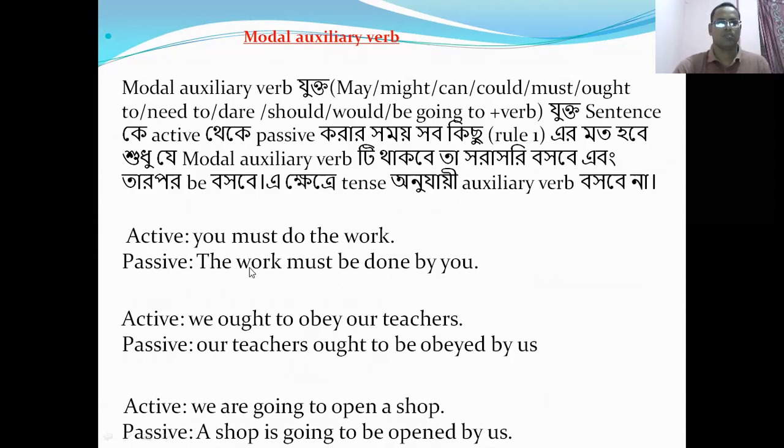Object, the work; must will be must. After that, we will have to use be. Then done, and by. Then the subject will be the object. In this way, we can change modal verbs.